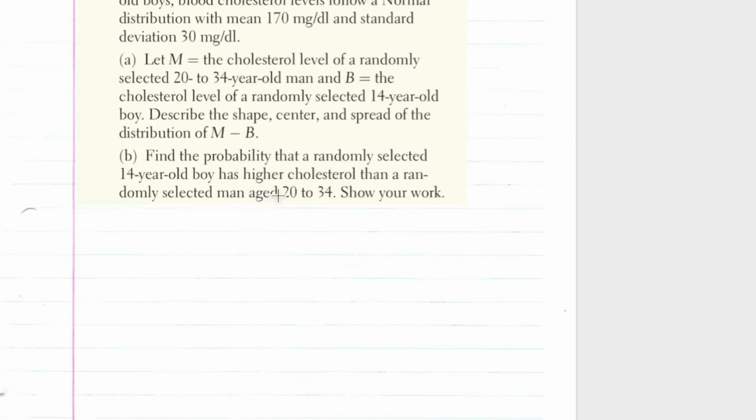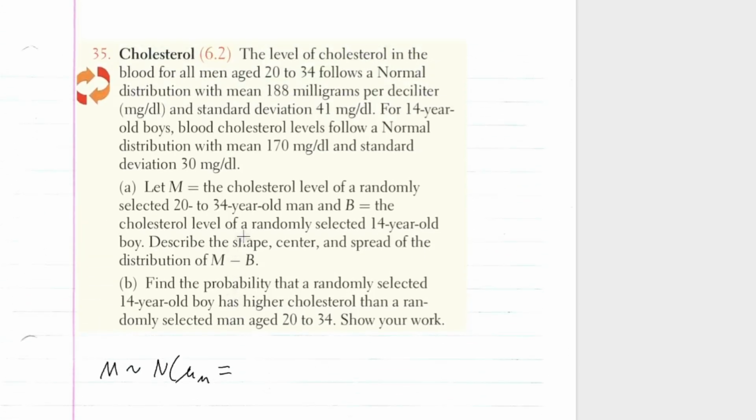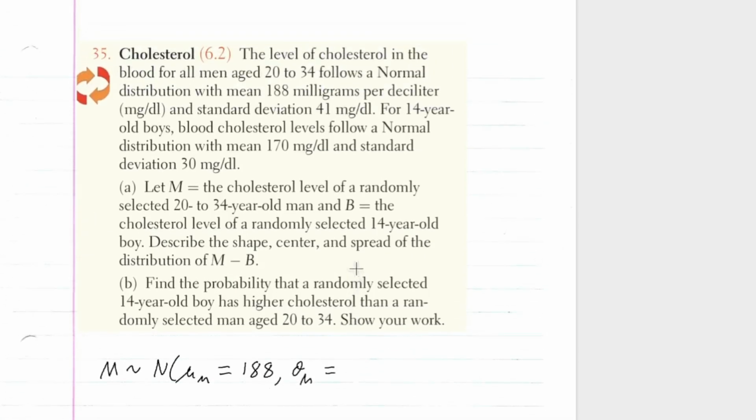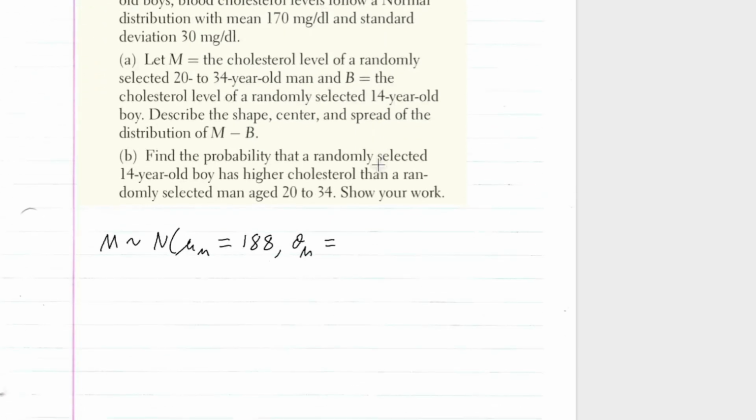All right. So it said that M follows a normal distribution where the mean of M is equal to 188, right? And the standard deviation of M is equal to 41.